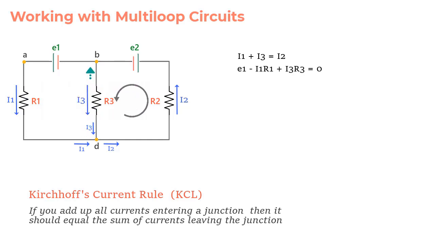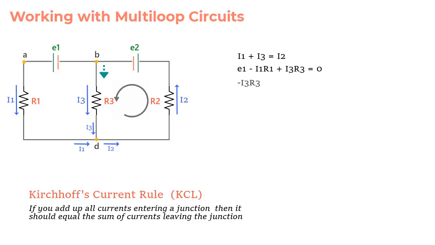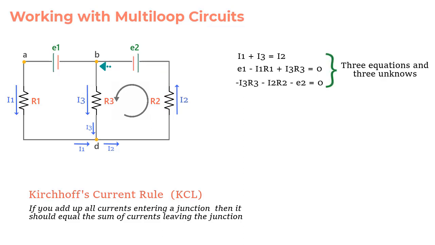Then looping around the second one in counterclockwise direction starting at point B, the equation we get is minus I3 R3 minus I2 R2 minus E2 is equal to 0. So you see, now you have three clean equations with three unknowns, and you can solve them to get values of I1, I2 and I3.